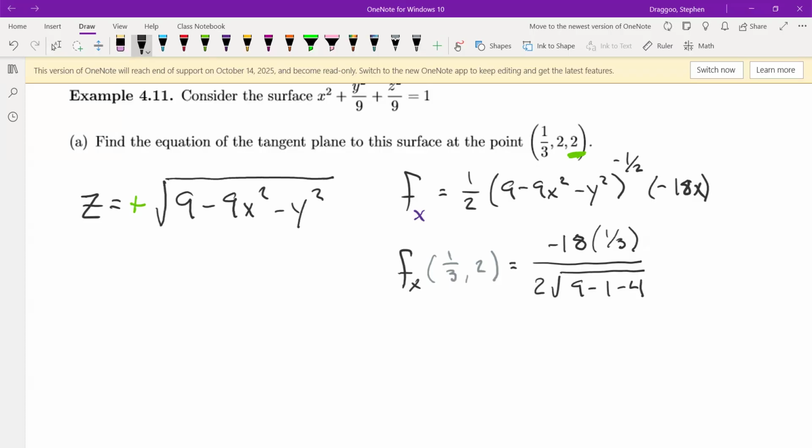I think I get all of that. Not as many whispers this time, so cool. If I simplify that, let's do the numerator first: -6 divided by 2 times the square root of 4, which is another 2. So -6 over 4 is -3 over 2.